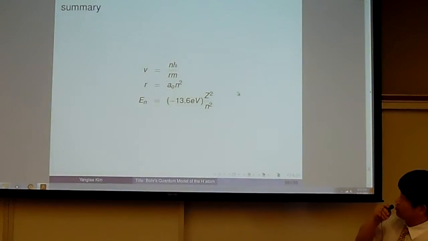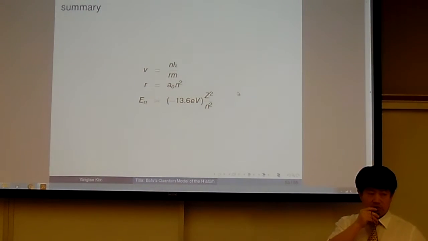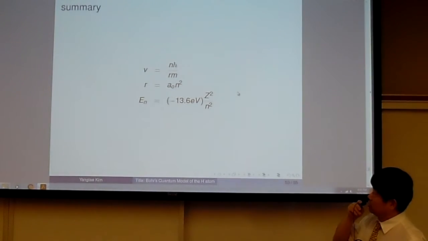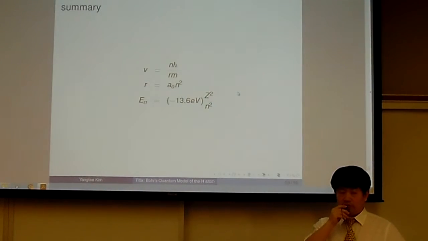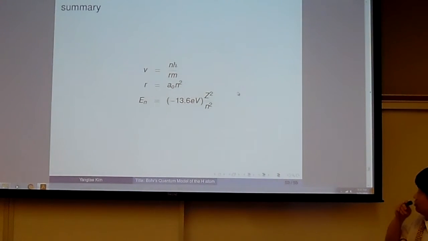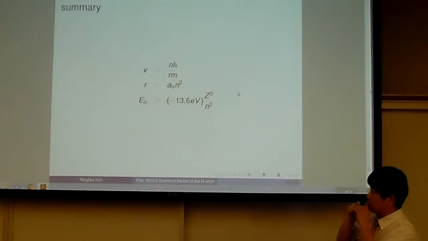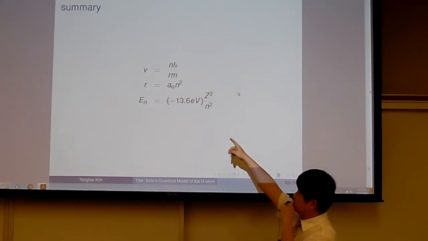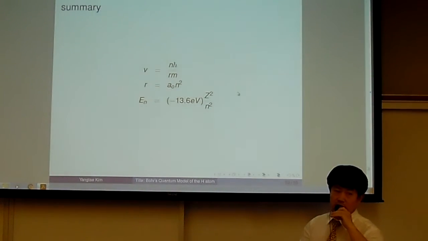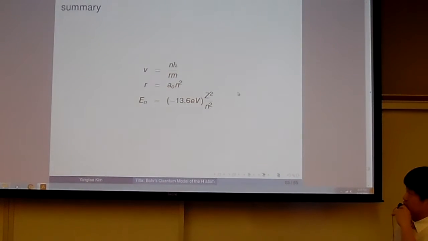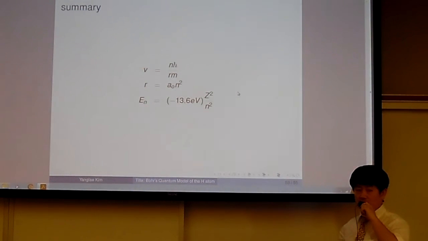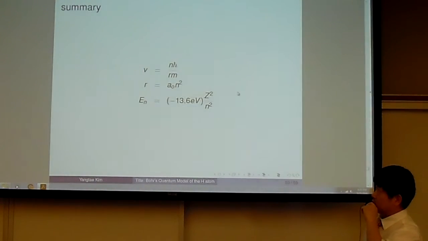Now, if we summarize what we learned in this lecture, the speed of the electron for orbital motion is nħ over rm, and radius we can calculate using Bohr radius a naught times n square, and energy is simply negative 13.6 electron volt times the number of protons squared divided by the quantum number squared.